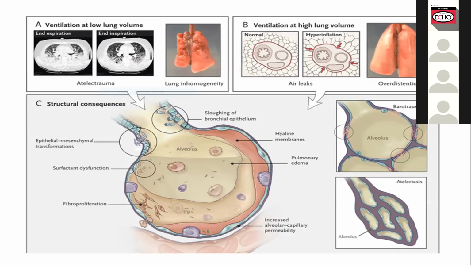One is destruction of the epithelium, and when the epithelium is destroyed, mucociliary clearance function is lost, surfactant production is also impaired, and you start to have fibrous tissue proliferation and hyaline membrane deposition. You have pulmonary edema, most likely from increased alveolar capillary membrane permeability.